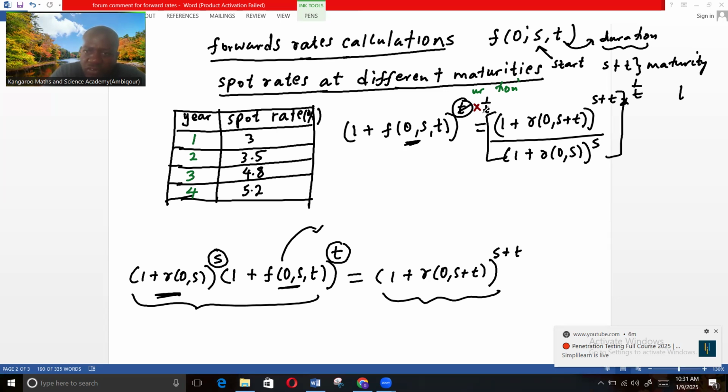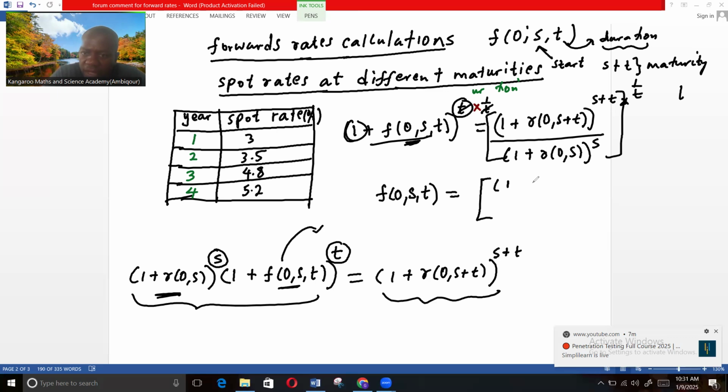So doing that, you're going to remain with this expression, but we need to take the one to that side. The forward rate, starting in S with a maturity of S plus T, will now be given as this expression.